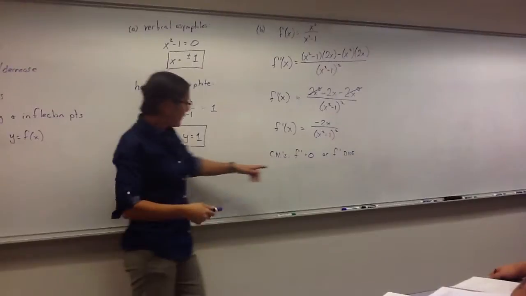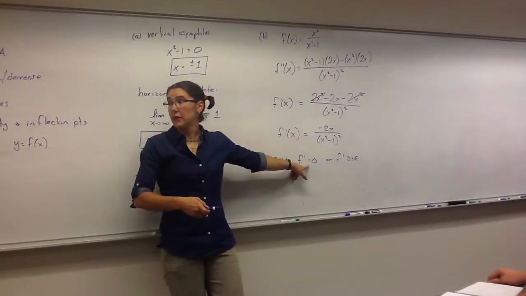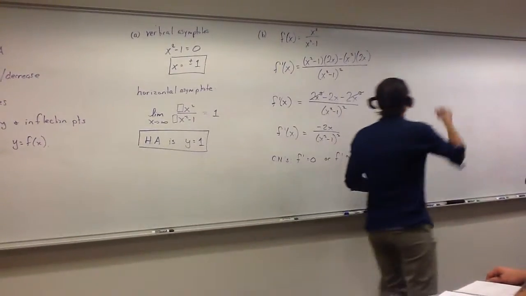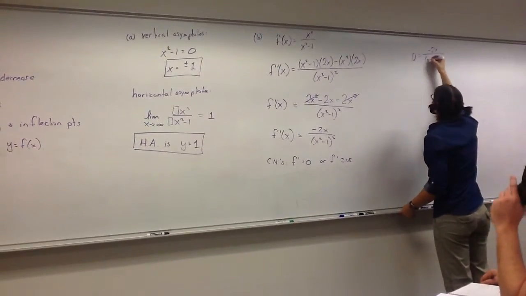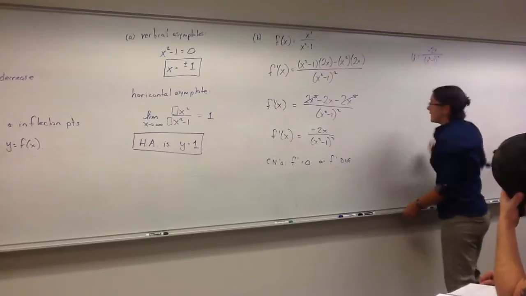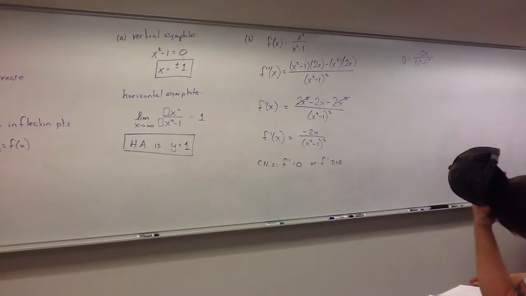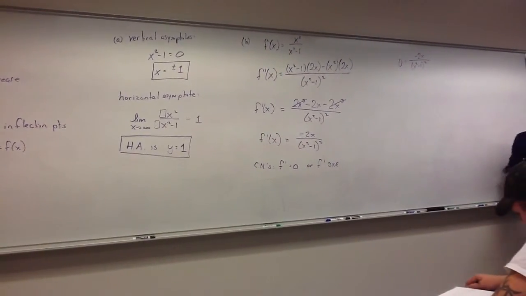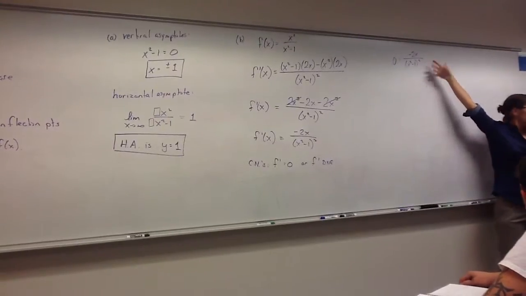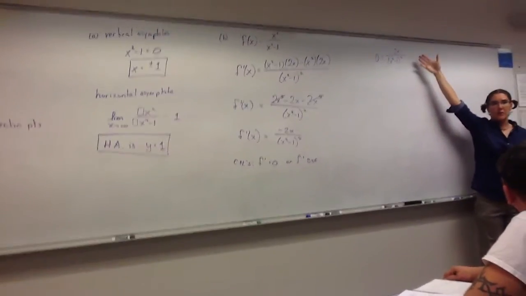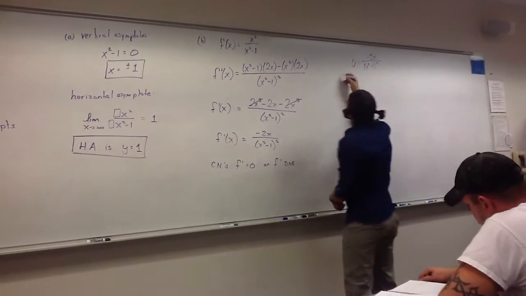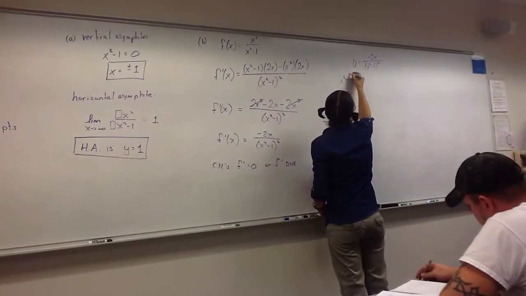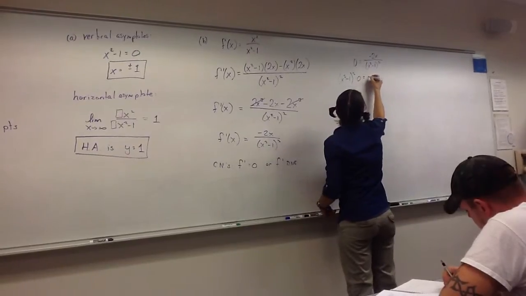So places where f prime equals 0, well, we have to set our derivative equal to 0. So we have 0 is equal to negative 2x over x squared minus 1 squared. We need to solve this for x. I have a fraction, so my number one job here is going to be to get rid of that denominator, so I can multiply both sides by x squared minus 1 squared.